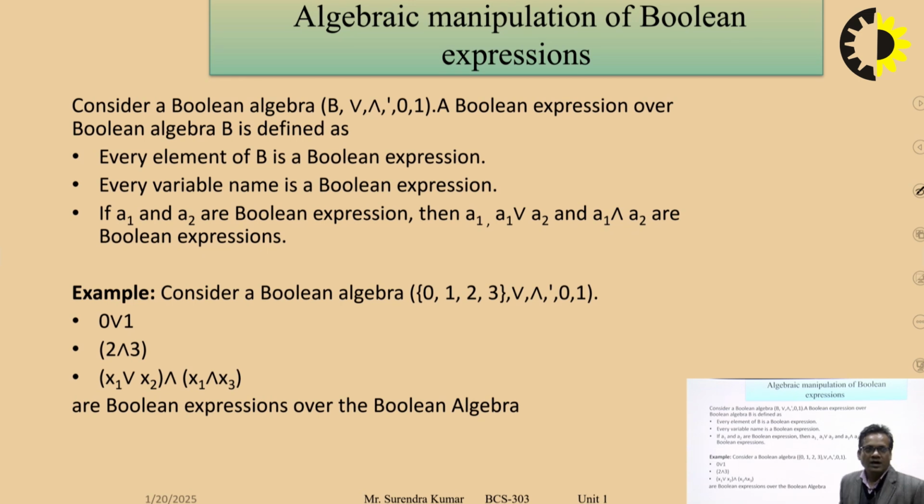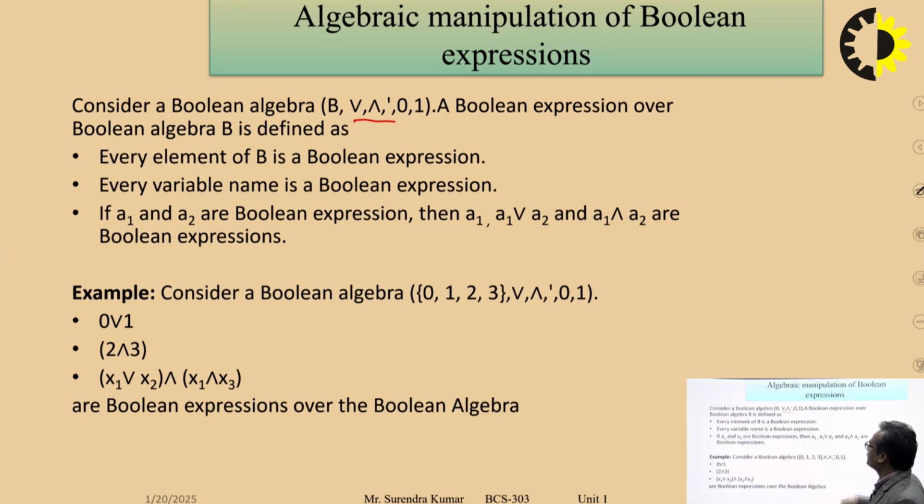Now how is the algebraic manipulation of Boolean expressions done? Consider a Boolean algebra B containing these three operations, and, or and not, on values 0 and 1.